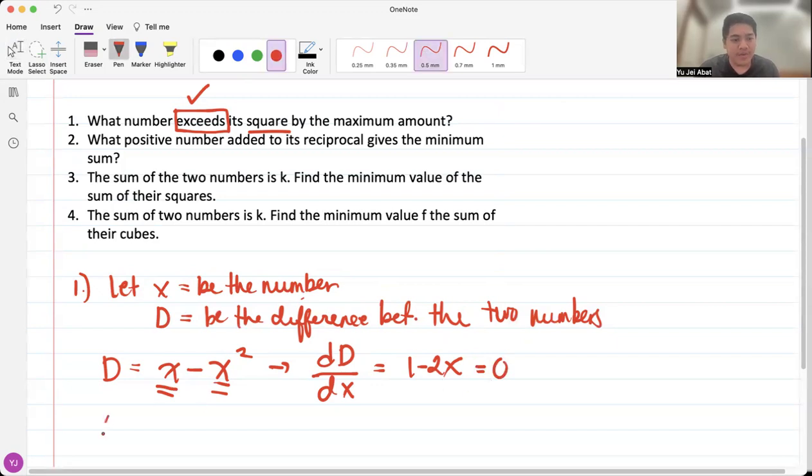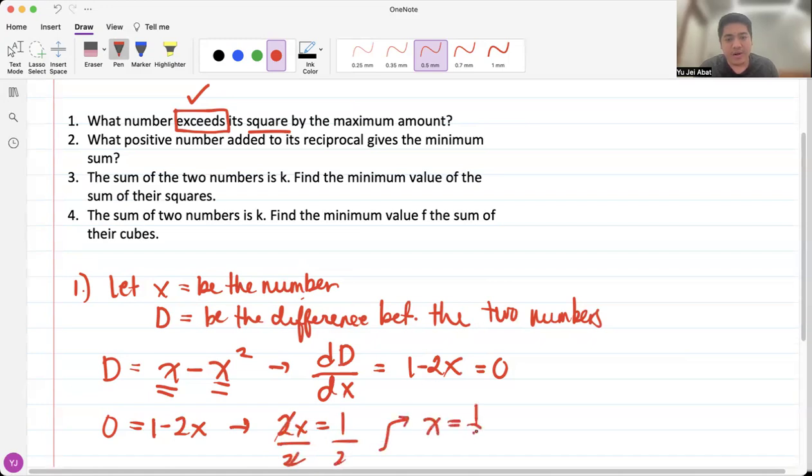So we have 0 equals 1 minus 2x, and finding x, that gives us 2x equals 1, so x equals 1/2. So the difference is maximum when x equals 1/2.